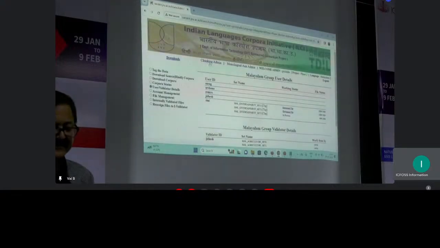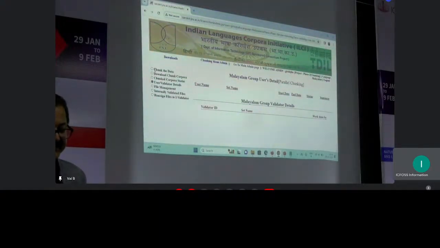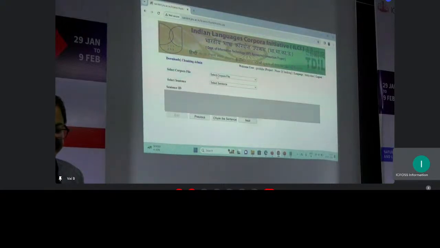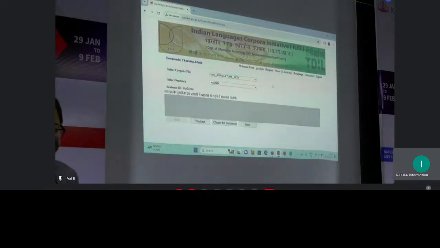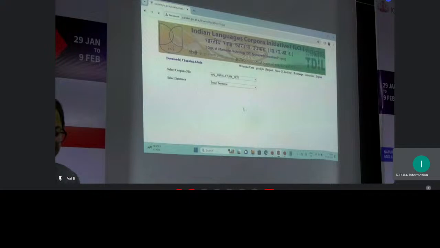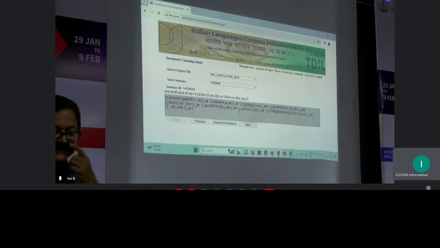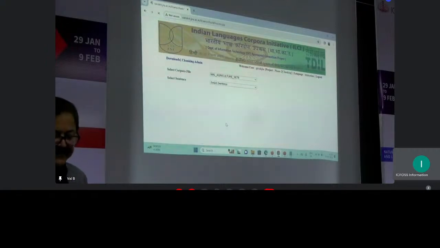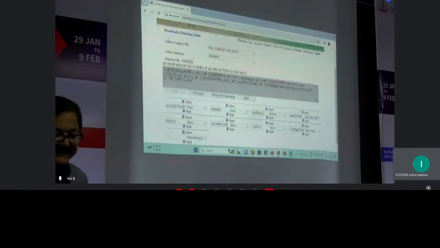And then, if I say chunking, I chunk the data again. Take the same sentence, another sentence. If I chunk it, this is making a difference.